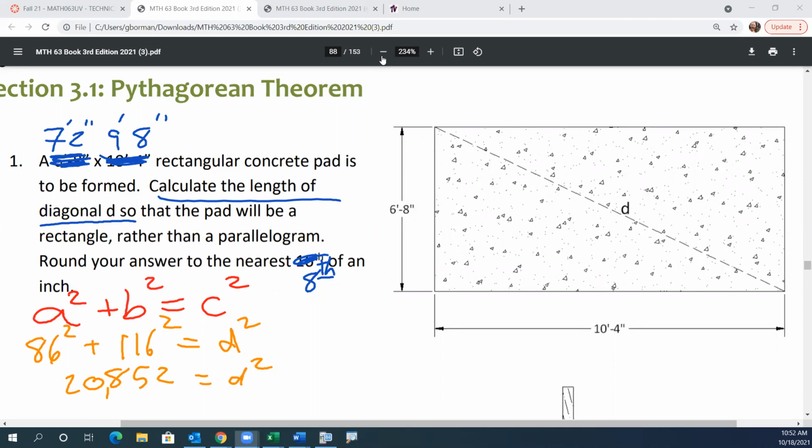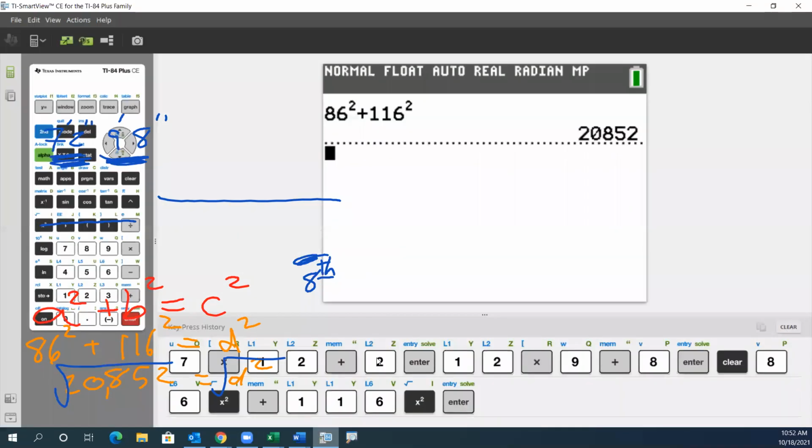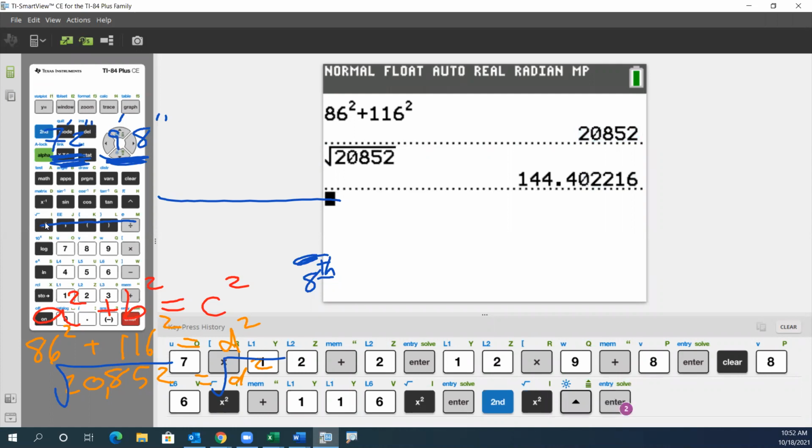And so now we'll take the square root of both sides. And it says we're going to go to the nearest eighth of an inch. So that's really wonderful and special. So I'll go square root, grab that number, and I got that.